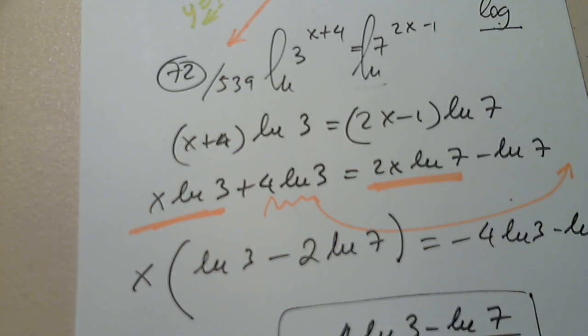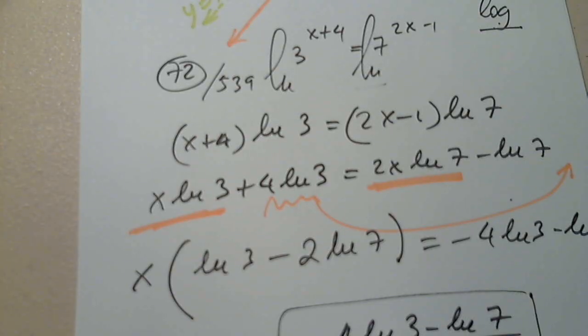Now divide, open for the denominator, natural log 3, minus 2 natural log 7, close, and close for the bottom. And now hit enter. So I got 2.2699.